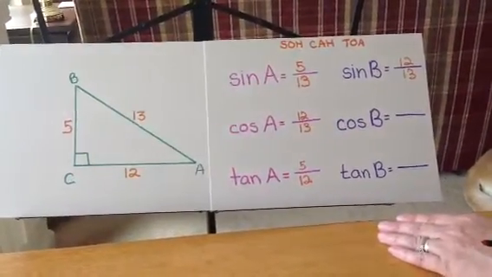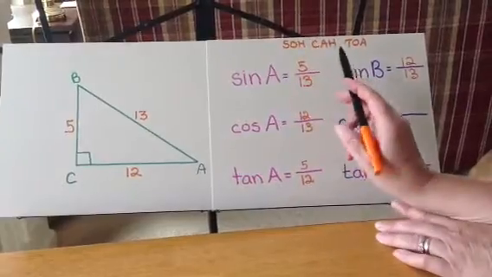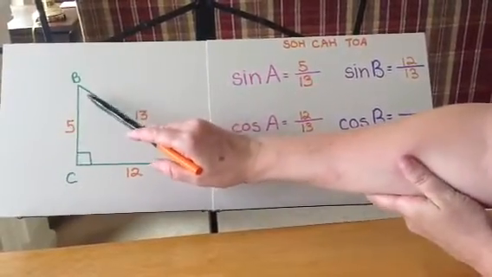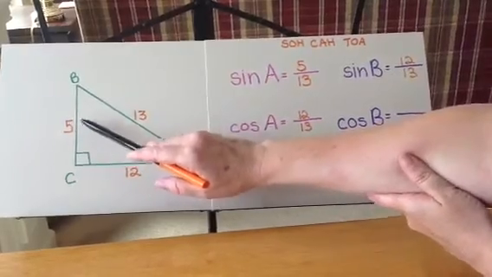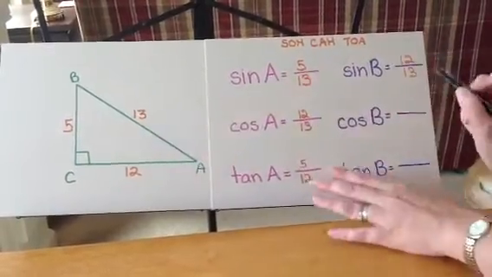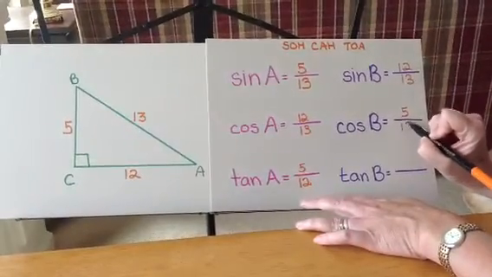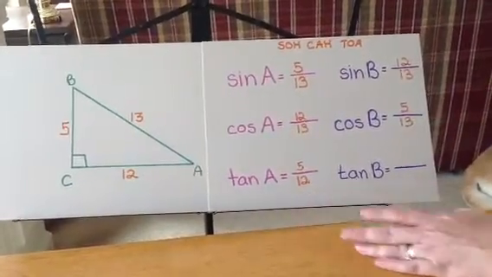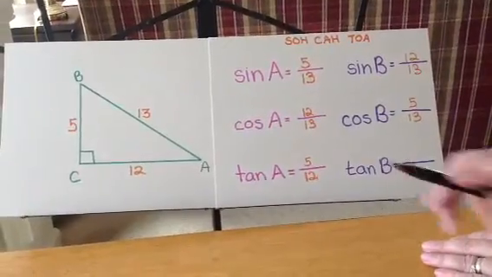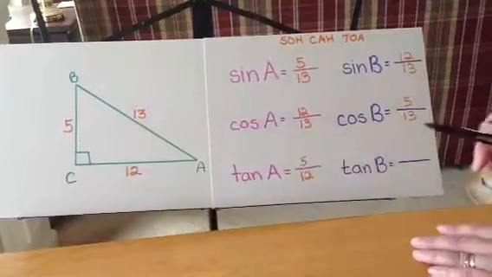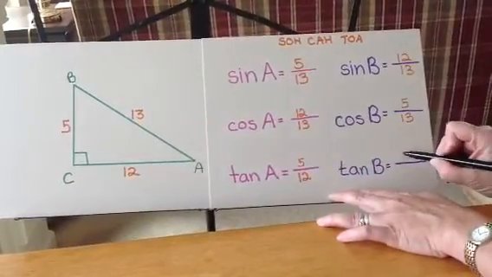The cosine of B is adjacent over hypotenuse. So the side adjacent to B is 5 over the hypotenuse is 13. And then the tangent of B is the opposite side over the adjacent side. So 12 over 5.